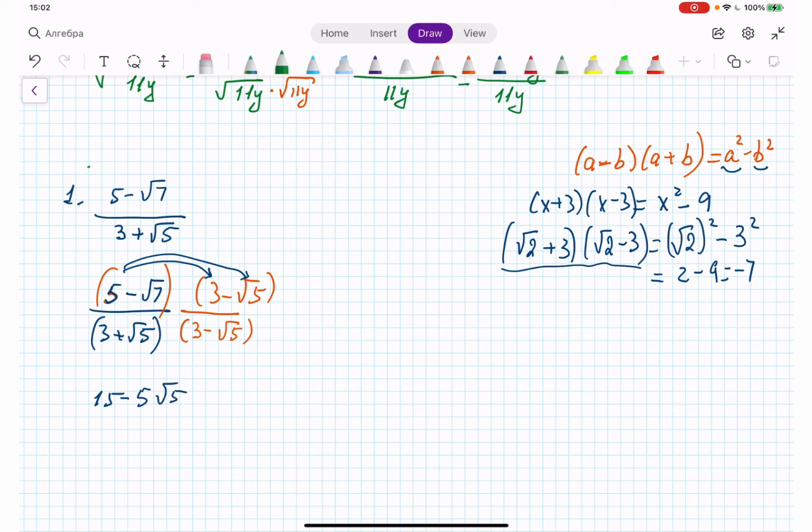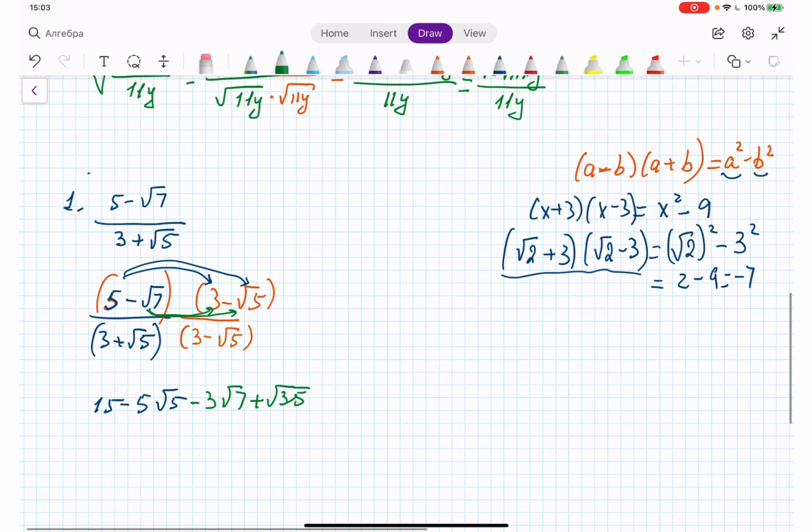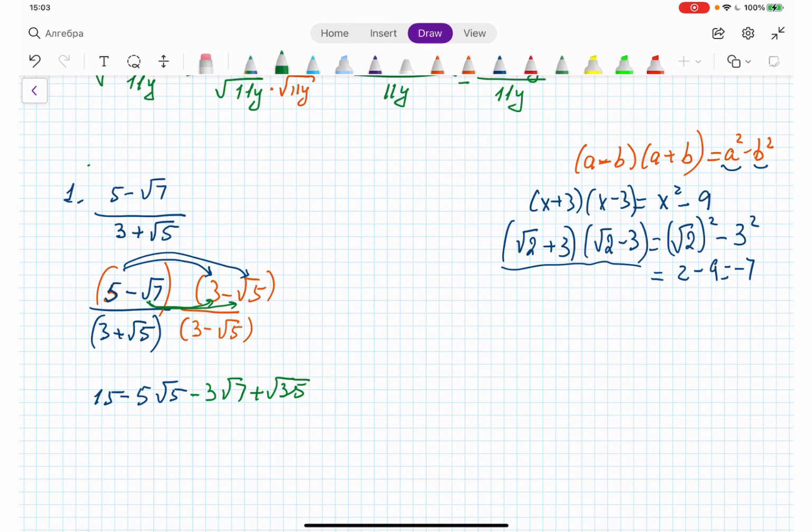Next, negative square root 7 times 3 is going to be negative 3 square root 7. Negative square root 7 times negative square root 5 is going to be positive square root 35, because square root a times square root b is equal to square root ab. We have that somewhere.